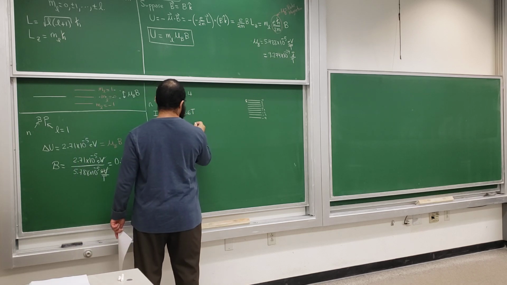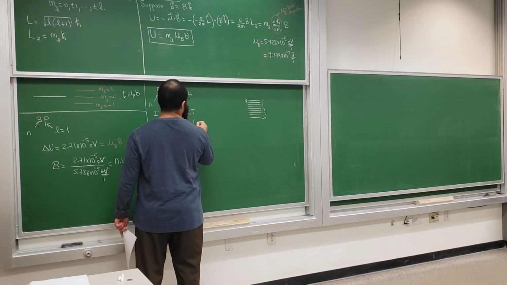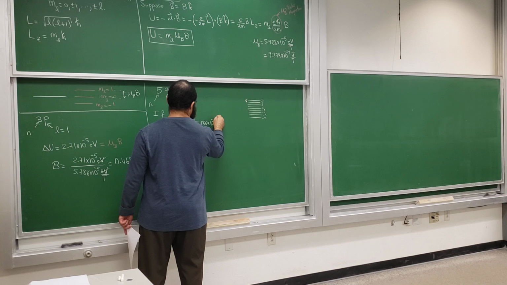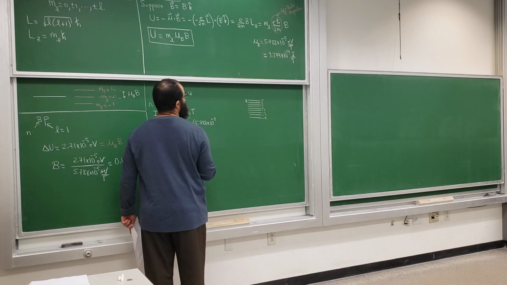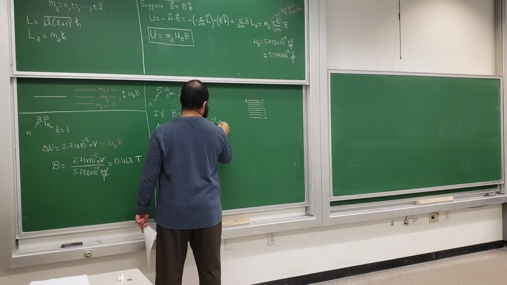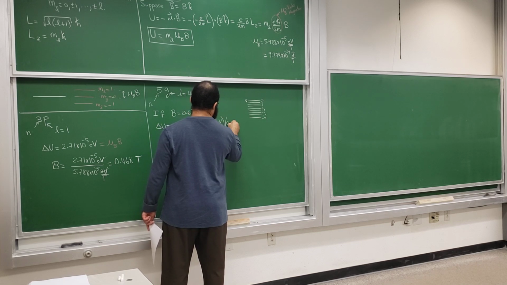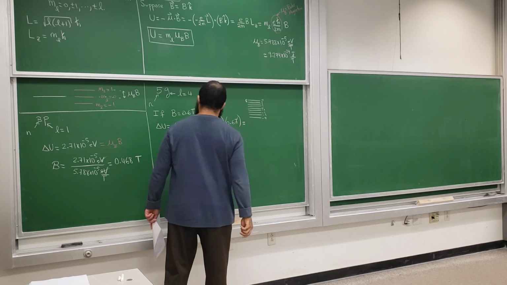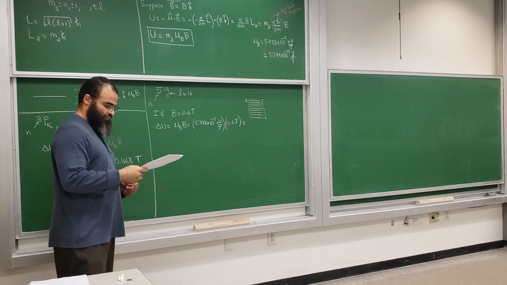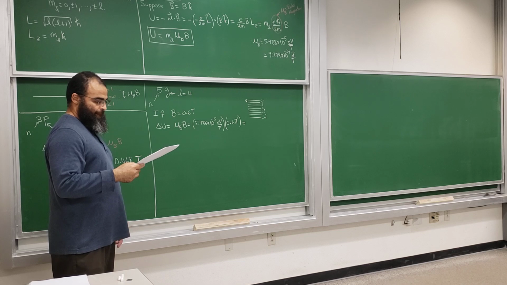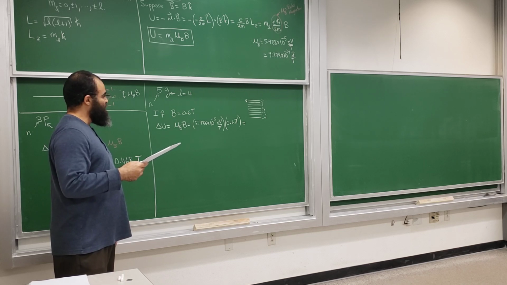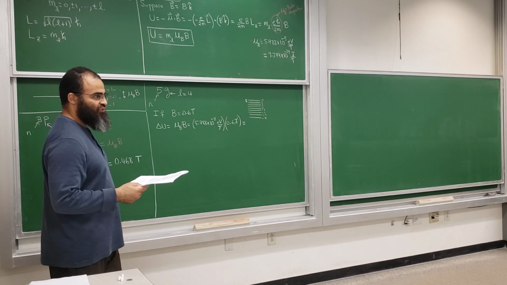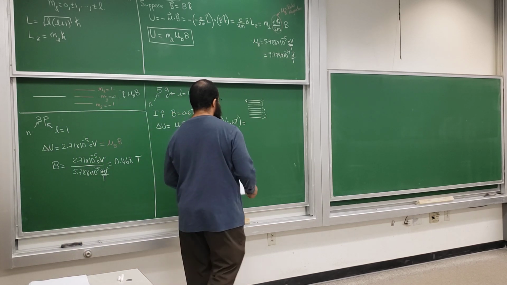And then let's find it. 3.47? Yeah. Times 10 to the minus 5.